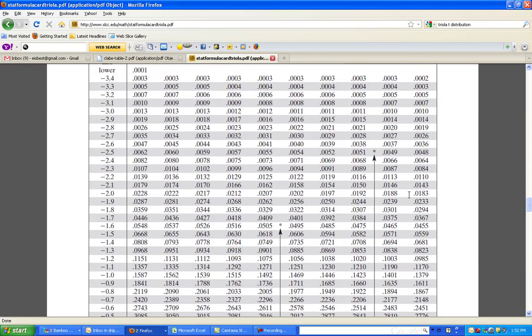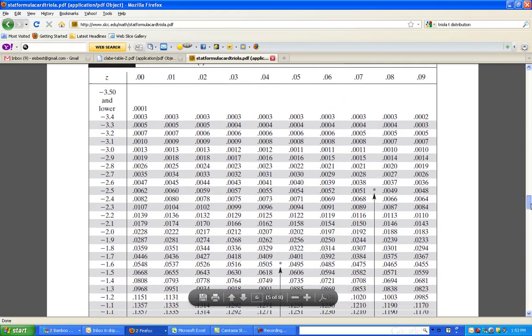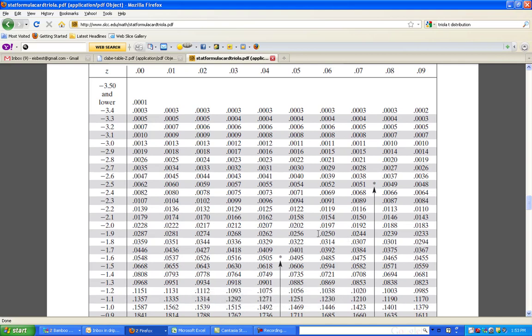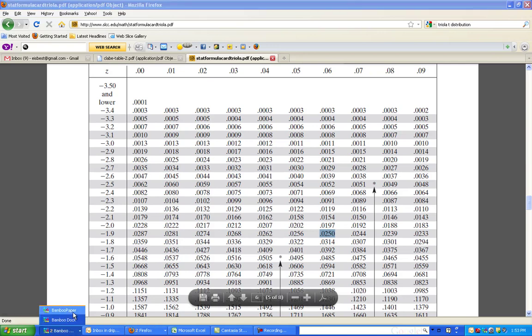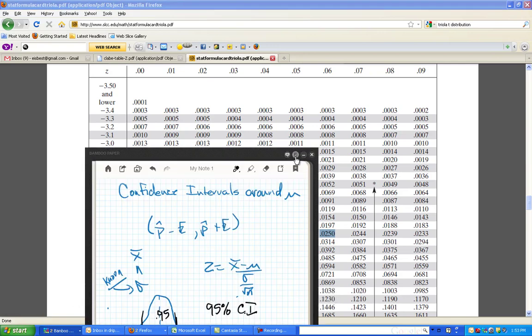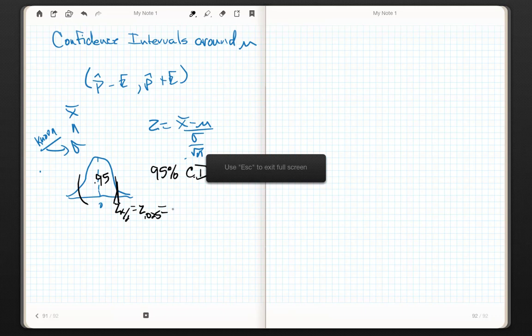I could go to 0.025 in the table, right there, and I get negative 1.96. Again, because of the symmetric property of the normal curve, we're in business. So this is going to be 1.96.